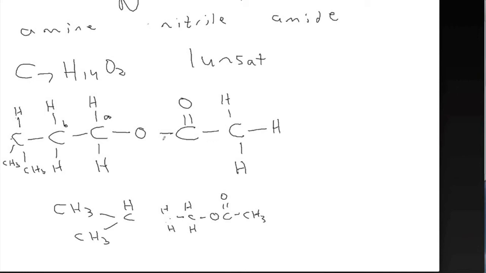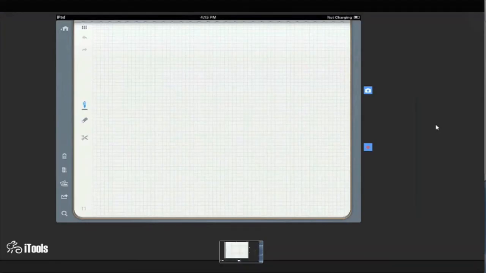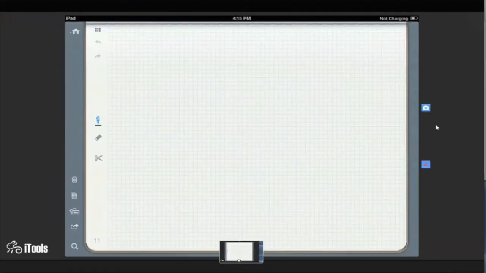Fine. Could you maximize your drawing window again? So just ignore the impurities. Okay. The compound here is C4H5N.